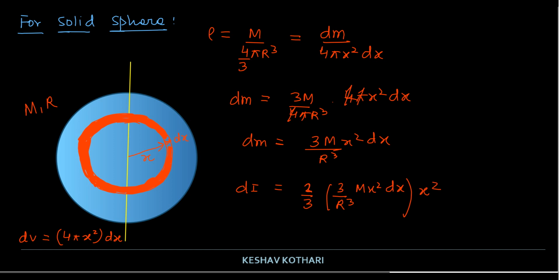This is how the moment of inertia of this elemental sphere is going to look. If I proceed further, then I can write that I is equal to 2 by 3 into 3m by r cube x to the power 4 into dx.